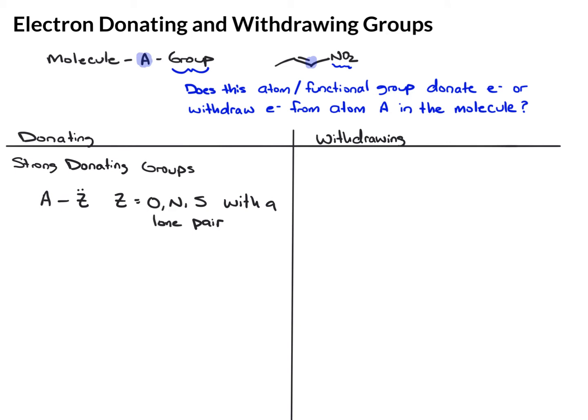And why this is potentially surprising is you might think of something like oxygen as electronegative and electron withdrawing. And because of its electronegativity, it will have some withdrawing character on atom A. But the fact that it has a lone pair is going to make it resonance donating, and that outweighs any withdrawing character. So let's look at an example of this.